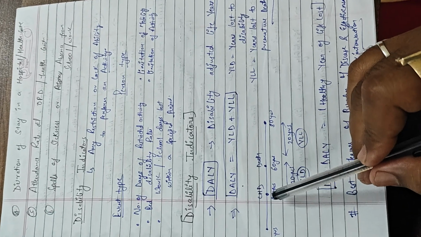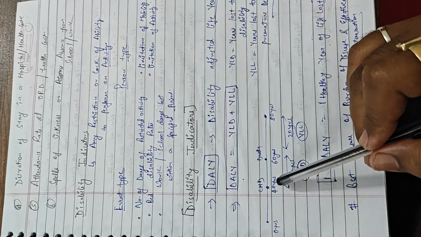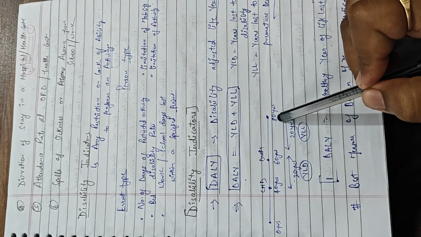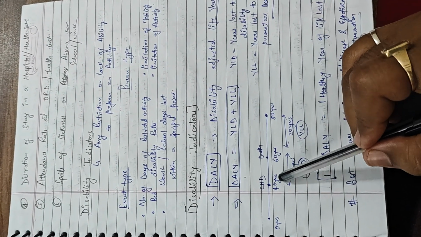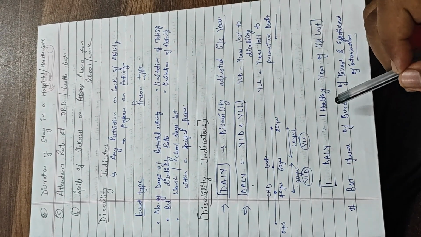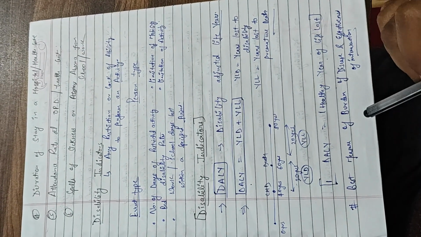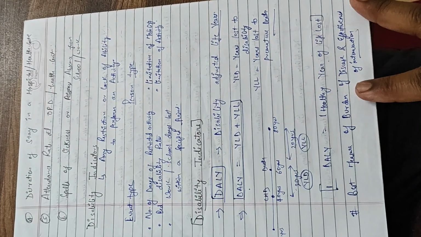It means if he or she didn't have any chronic disorder, he would have lived up to 80 years, but due to CHD he has lived only up to 60 years. Now one DALY means one healthy year of life lost. It is the best measure of burden of disease and effectiveness of intervention.